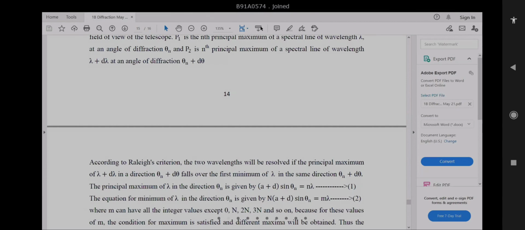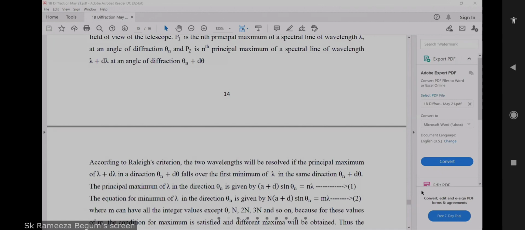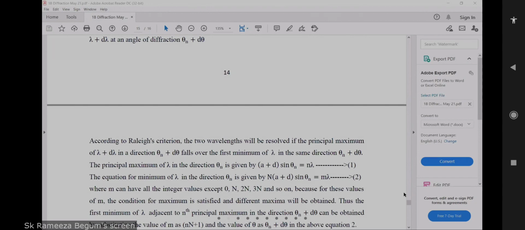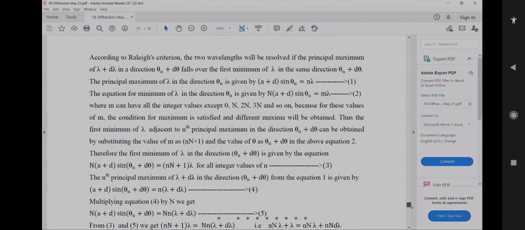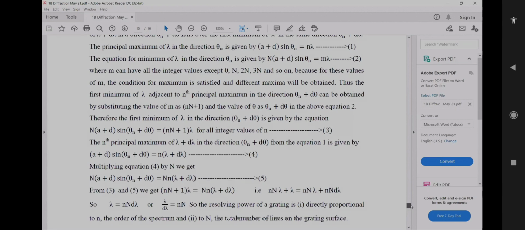Okay, equation 4: the nth principal maximum of lambda plus d lambda in the direction theta n plus d theta.